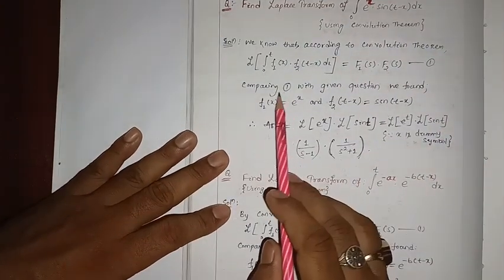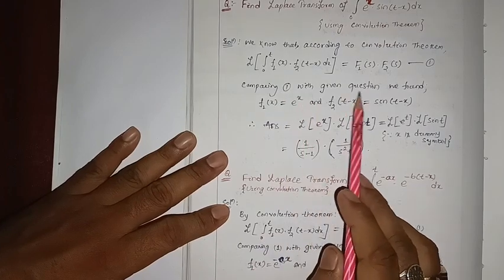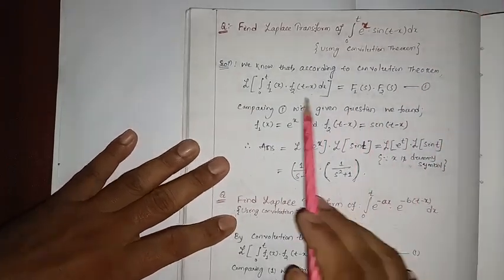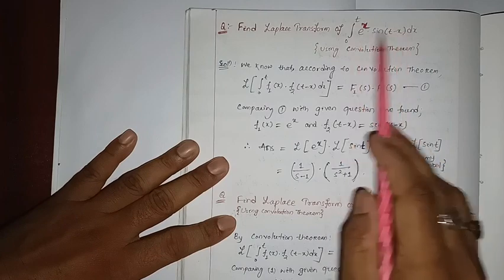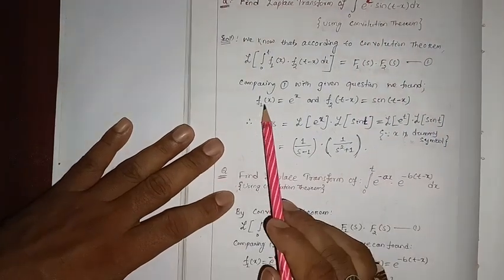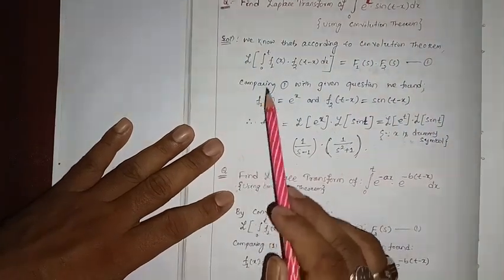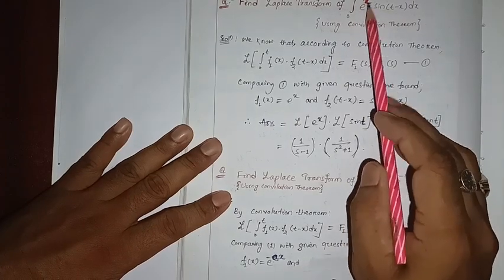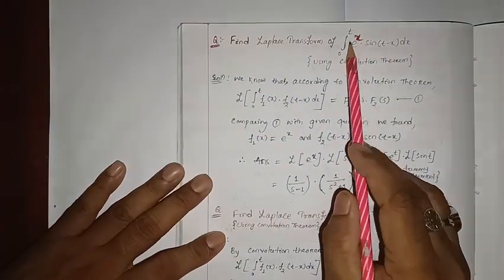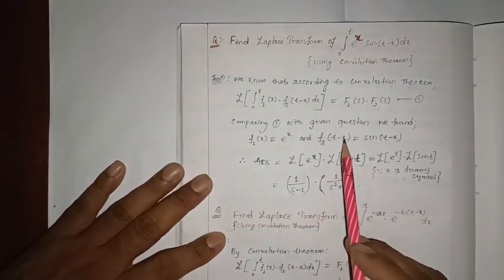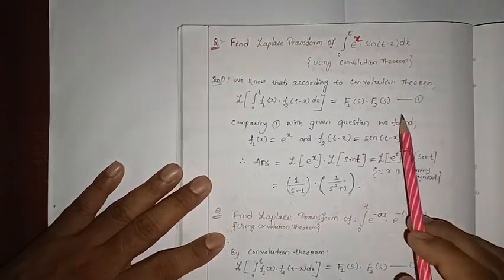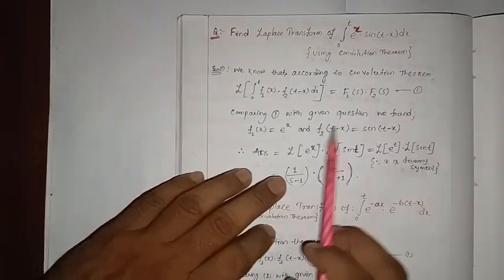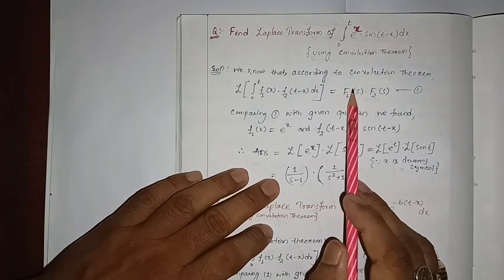Comparing equation 1 with the given question, f1(x) is e^x, and f2(t minus x) is sin(t minus x). So the answer will be F1(s) and F2(s).